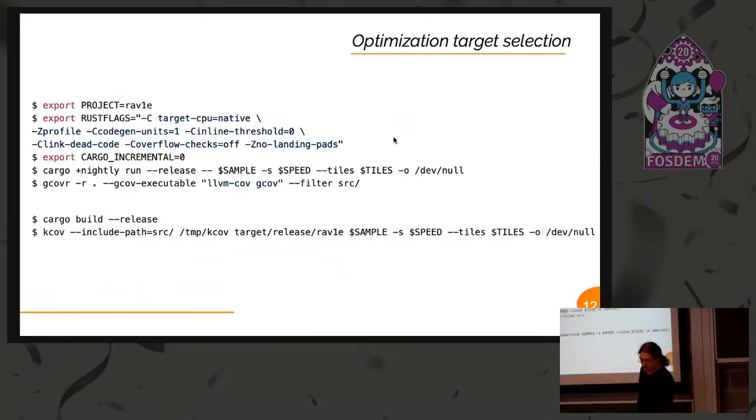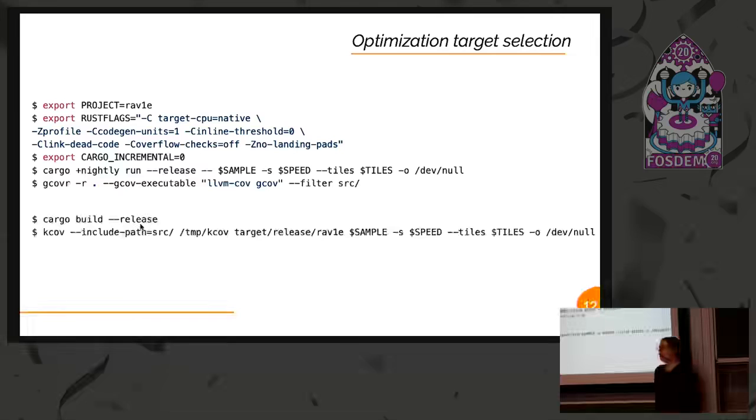So how do we do that? The story about using the normal profiling system is not exactly straightforward, as you can see. A bit of machinery, then you run cargo, and then you extract the information. And it goes like this.